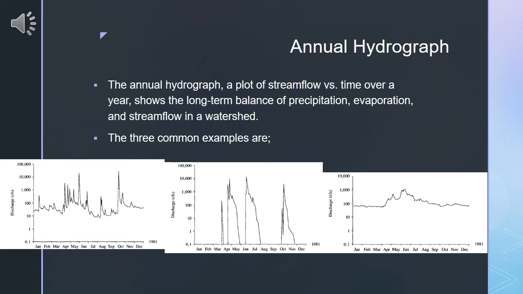When the precipitation comes, the intensity is high, like in arid or semi-arid regions. The one in the middle is dry, like a desert area, where the storm comes very high and then fades away.